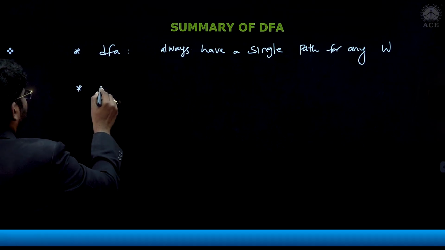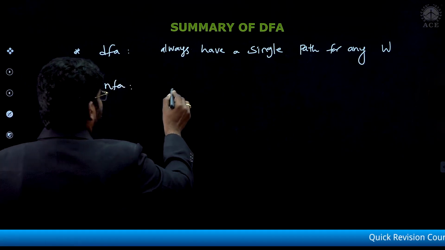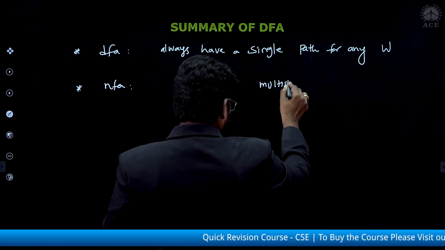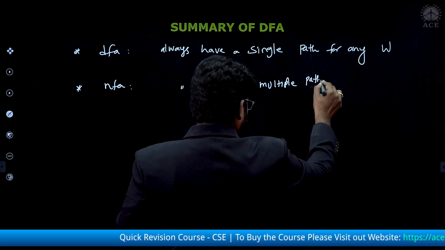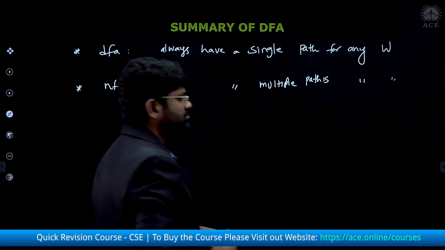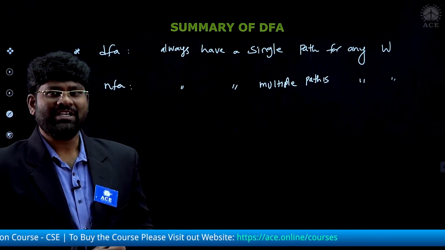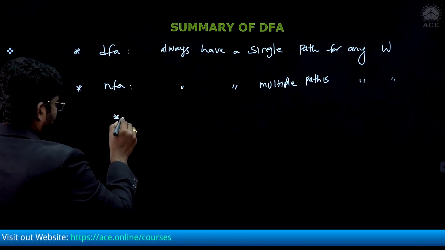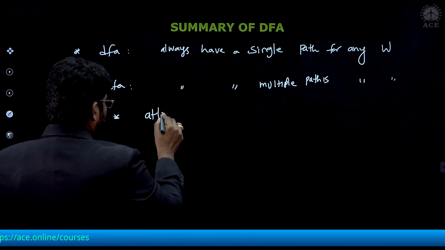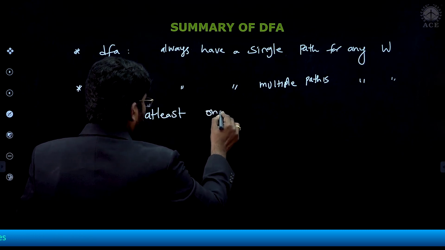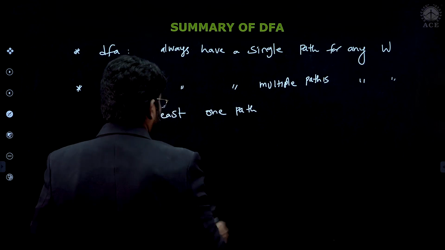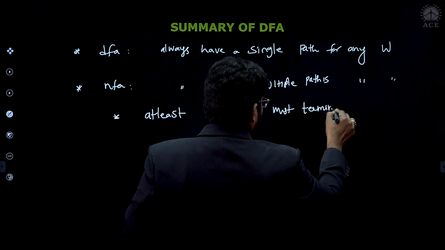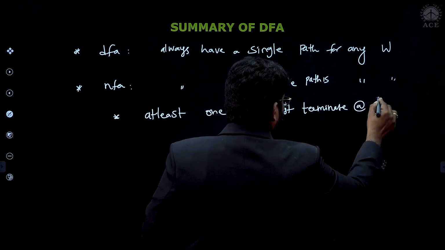Whereas an NFA can have multiple paths for any W. But out of the multiple paths, at least one path must terminate at a final state.